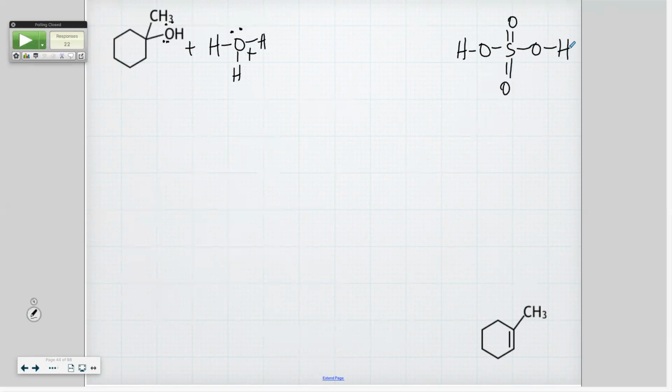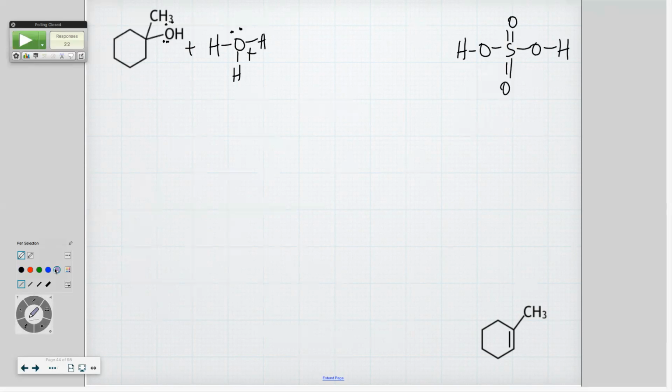Do you remember that sulfur breaks the octet rule? That was the bane of general chemistry, doing Lewis structures, the ones that broke the octet rule. I hated them, just like y'all hate them. Not a biggie.